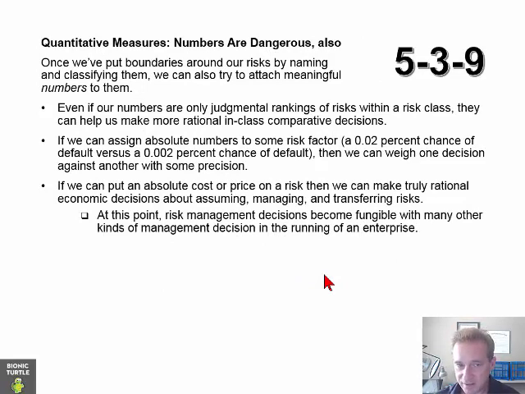So the three ideas in this learning outcome were qualitative approaches, enterprise risk management, and then quantitative measures. And so clearly we have many quantitative measures to explore, but there's just a warning here that numbers can be dangerous as well.